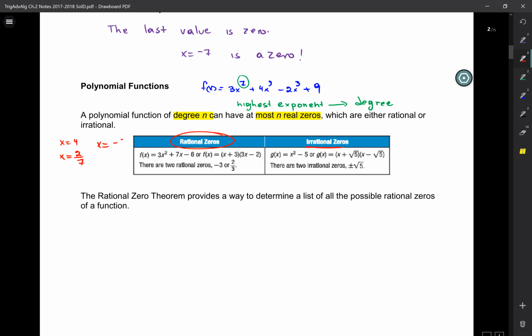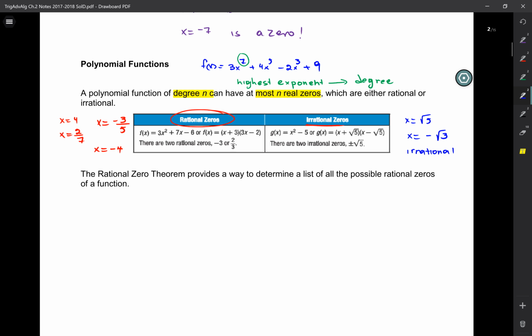It could be x equals negative 3 over 5. It could be x equals negative 4. All of these are rational numbers. Or it could be x equals root 5, x equals negative root 3. These are irrational numbers.